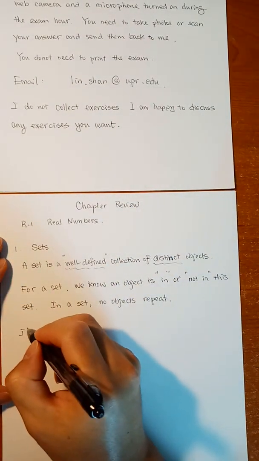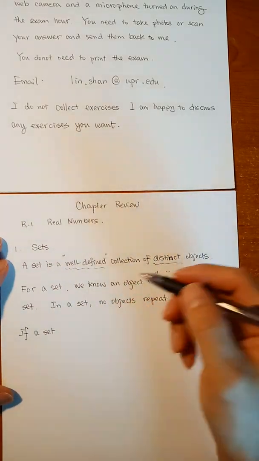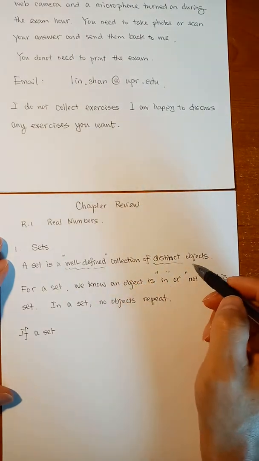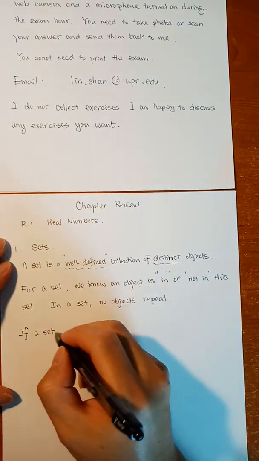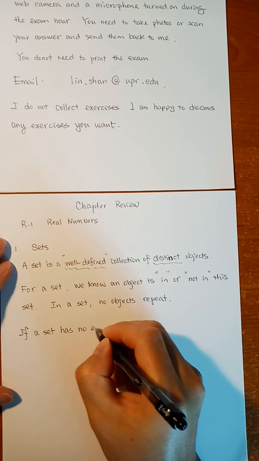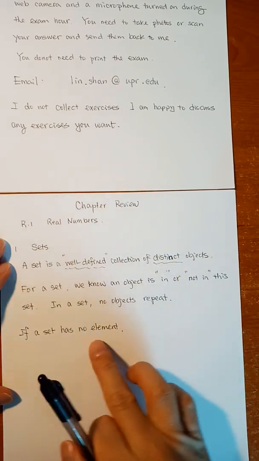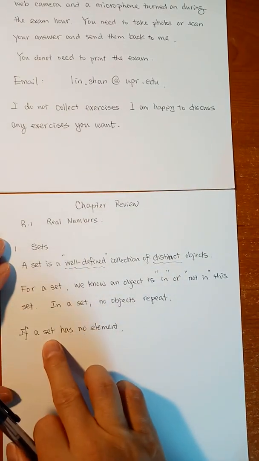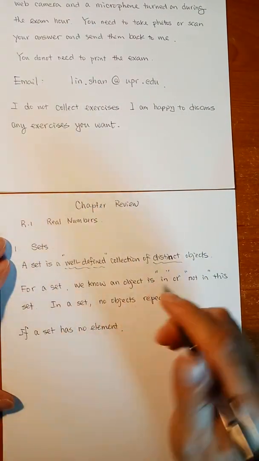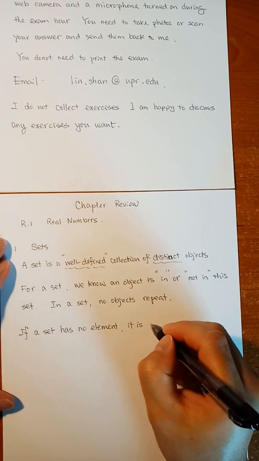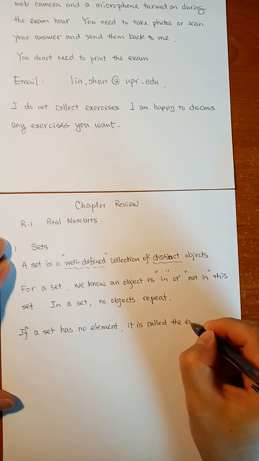If a set is a well-defined collection of distinct objects, and every object does not belong to the set, or the set contains no element, it makes sense. No elements are repeated, all the objects are distinct in the set, and it is well defined. Everything will be outside of the set. So it is a set, and this set is special. It is called an empty set or the empty set.